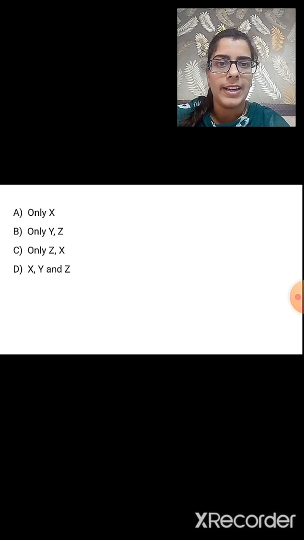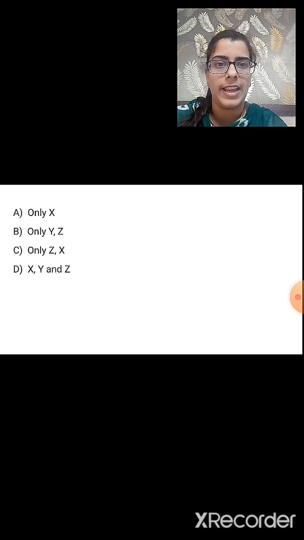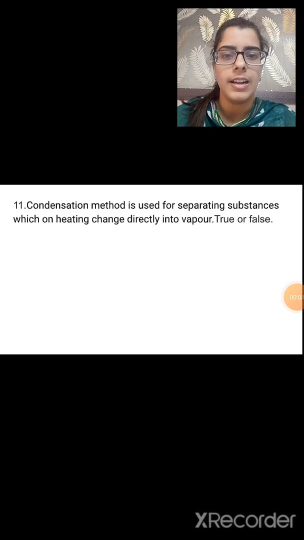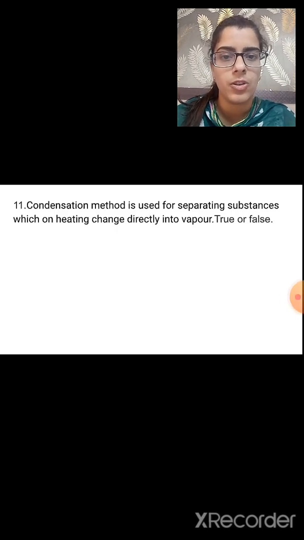Threshing and sieving will not require air for the separation of substances, while winnowing requires air. Therefore, the correct option is only YZ, that is, threshing and sieving will not require air for the separation. Now let us have a look at question number 11. Condensation method is used for separating substances which on heating change directly into vapor.